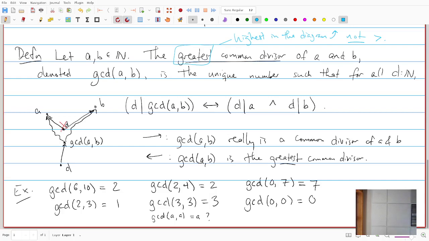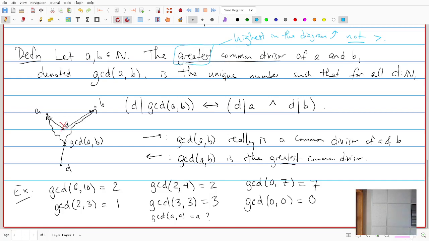If I pick any other number, let's say 7 is the GCD of 0 and 0, then I have to find a number D such that D divides 0 and D divides 0 if and only if D divides 7. That's not going to work, because anything divides 0, but anything doesn't divide 7. The only thing I can pick that will work is to pick the GCD to be 0, then it's true that D divides 0 if and only if D divides 0. So it actually fits the definition as well.